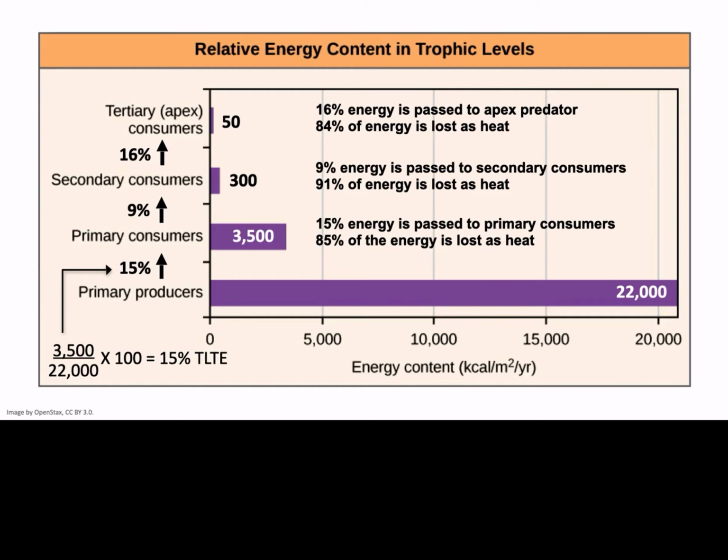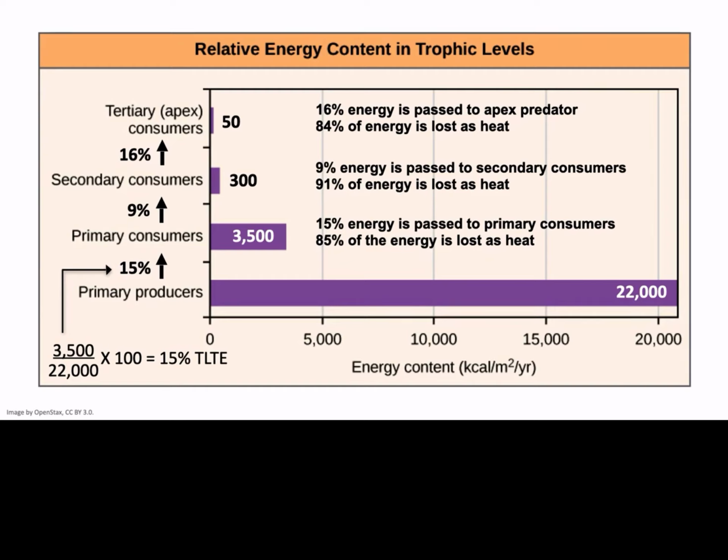Because there is less energy as we move up the pyramid, each trophic level can support fewer and fewer organisms. In this example, we may observe 1 billion individual grass plants as primary producers, 100,000 grasshoppers as primary consumers, 5,000 mice as secondary consumers, and only 40 hawks as tertiary apex consumers.